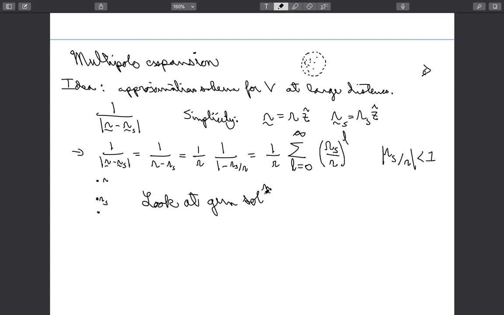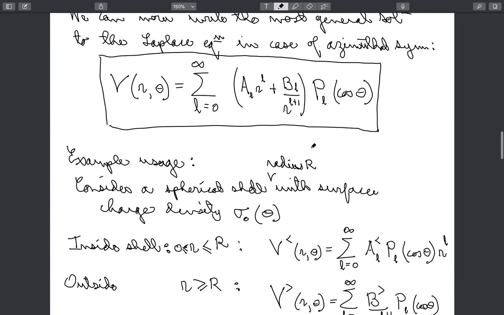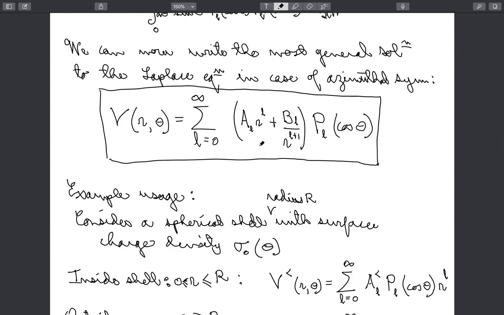So the general solution of Laplace that we had written last time, by which I mean this one here. And you see, we are now in a situation where we've got azimuthal symmetry, so then this works. We are actually putting our charges on the z-axis, an observation point on the z-axis, so the angle that we're considering is just theta equal to 0.